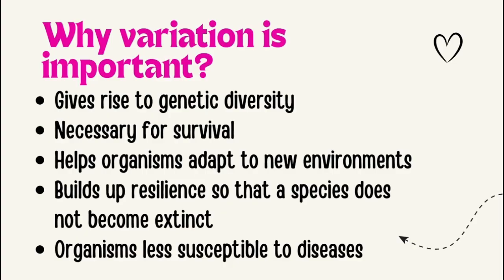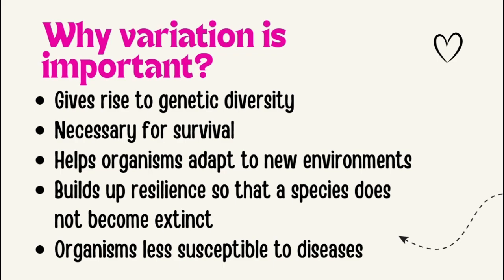Then we want to find out why variation is important. We said before that the entire point of all of this is to see how genes are passed on from one generation to the next. But how does variation fit into this? Variation is what is different between the generations or between the species.